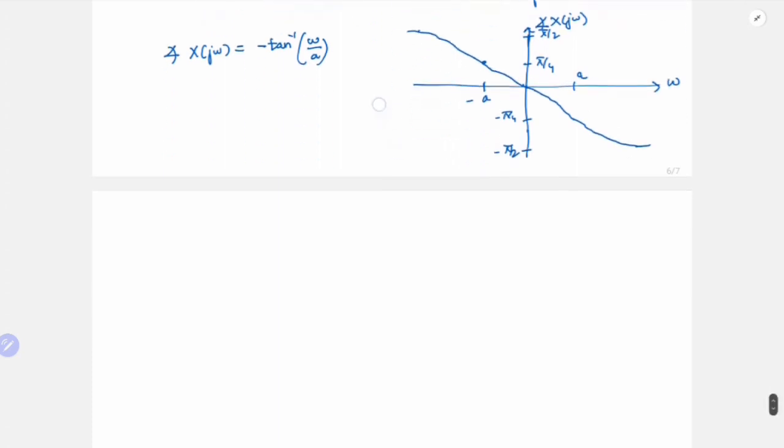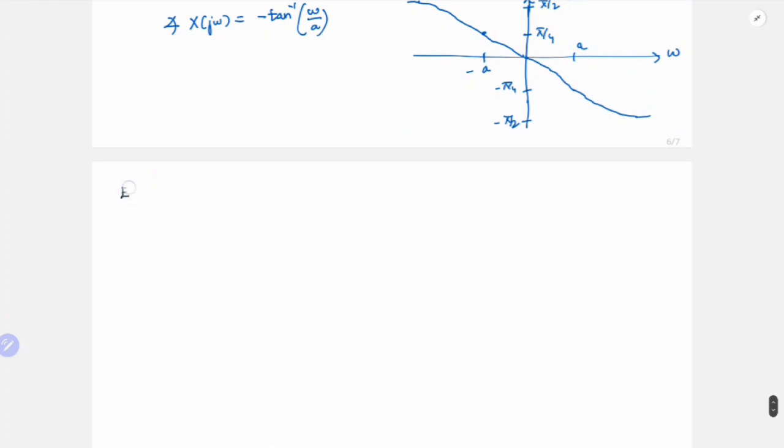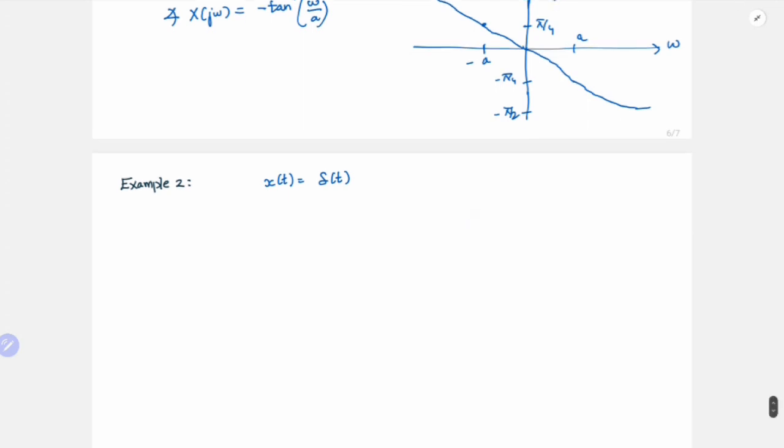Okay, now let us see another example. Example 2. We have x of t as the unit impulse function. Now let us see what happens.